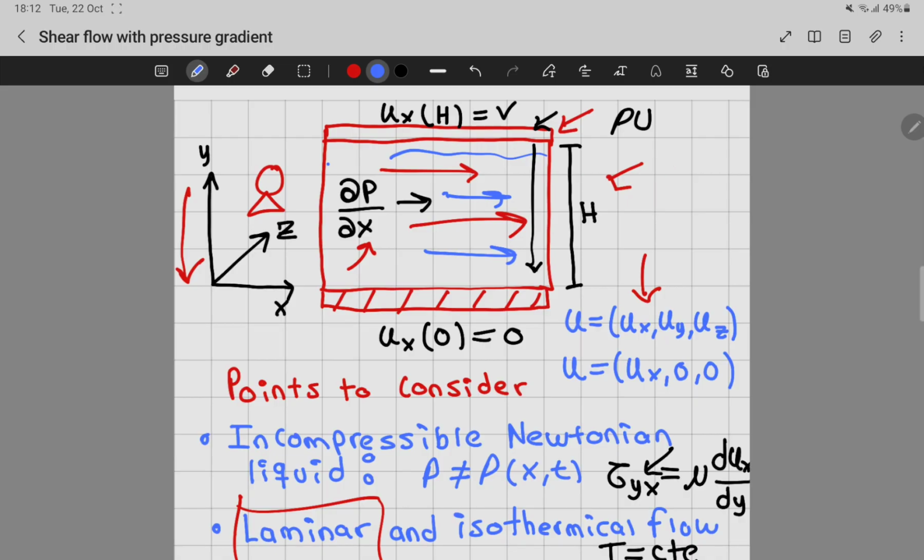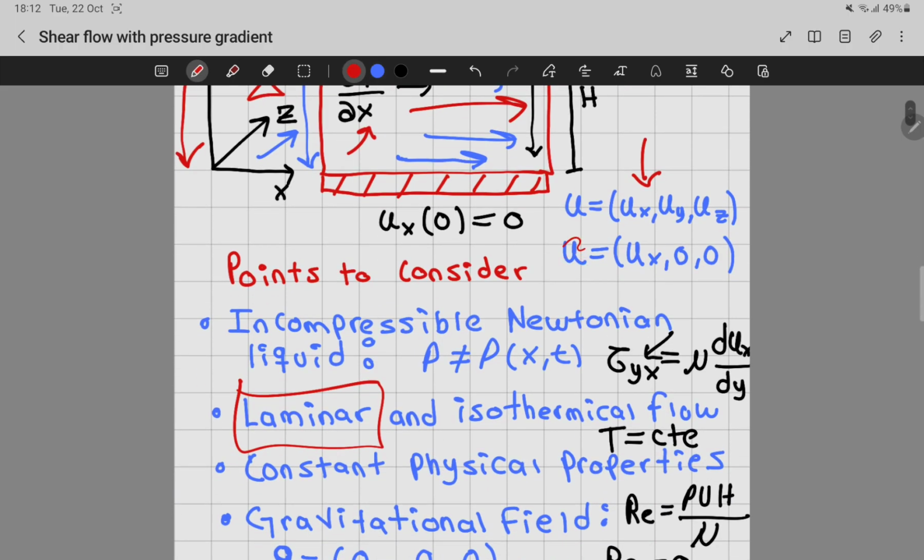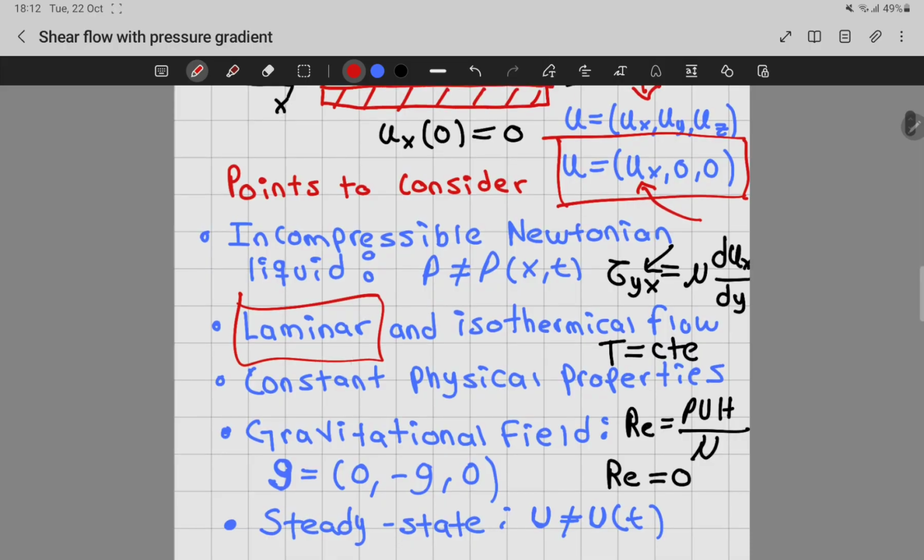So there will not be variations of velocity in either y or z. The only movement of the fluid will be happening in x direction. So that's why we have this velocity field. We need to find an equation for Ux.